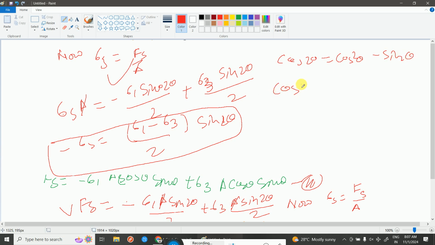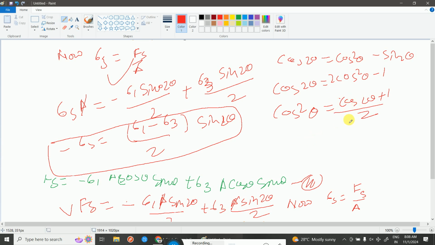Then cos 2 theta is equal to 2 cos square theta minus 1, and then cos square theta is equal to cos 2 theta plus 1 upon 2, and finally you can write here this way.